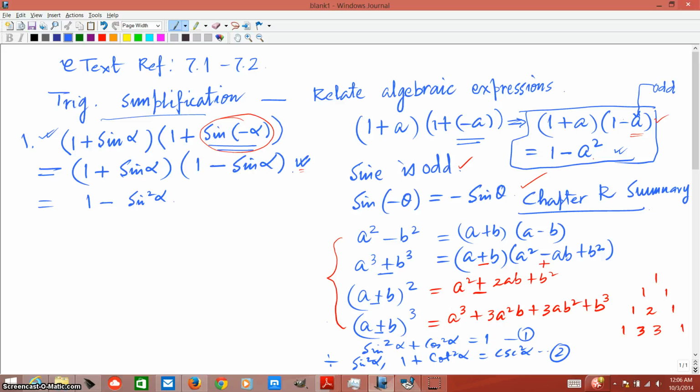The third form will be, if you divide the same first form by cosine square alpha, that time you are going to get tan square alpha plus 1 equals secant square alpha.